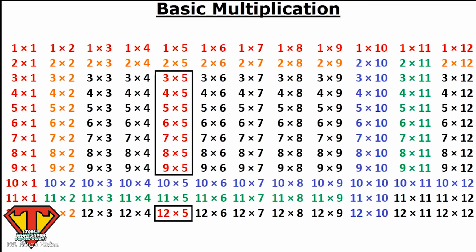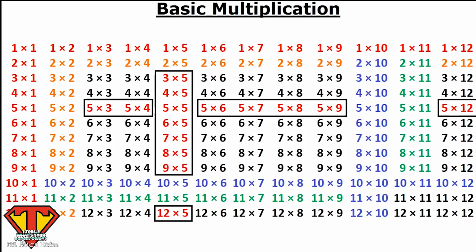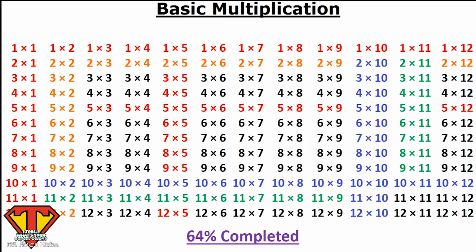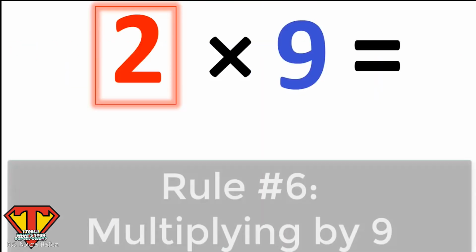Pretty simple, right? Well, now that you know 1 times 5 all the way to 12 times 5, that means you also know 5 times 1 all the way to 5 times 12. So in total you know 92 multiplication facts from just 5 rules, and there is only 52 remaining.